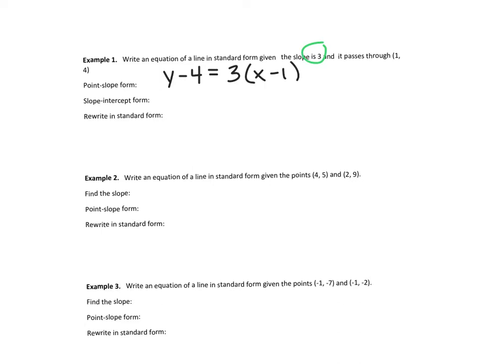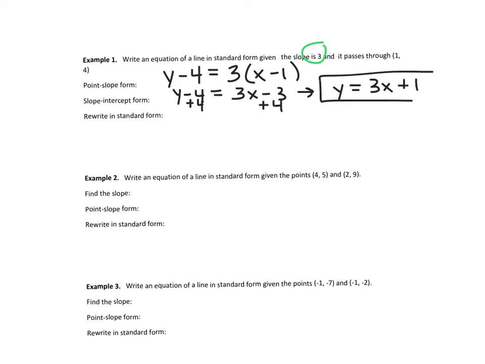Then I put this in slope-intercept form by solving for y. So it's y minus 4 equals 3x minus 3. If I add 4 to each side, that turns into y equals 3x plus 1. This is in slope-intercept form, and the previous one is in point-slope form.